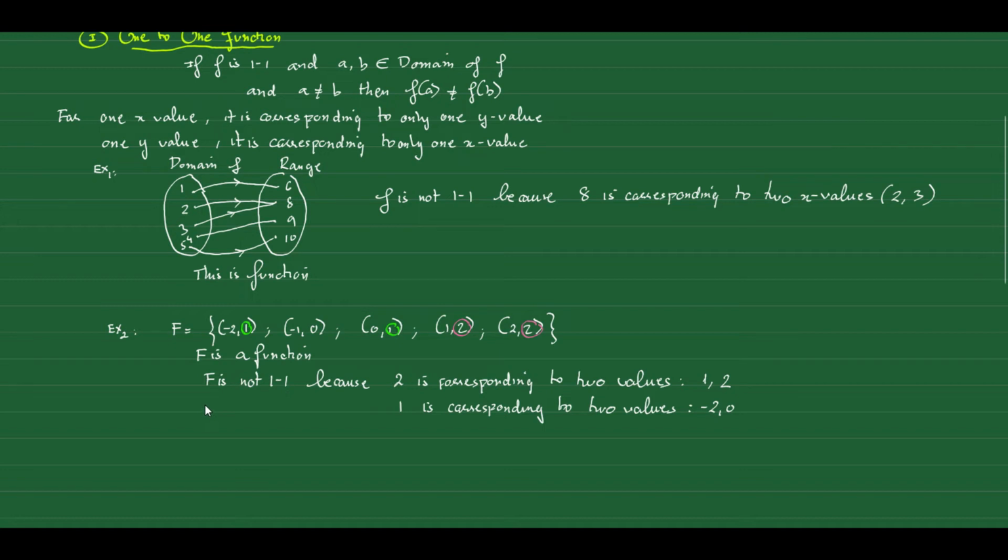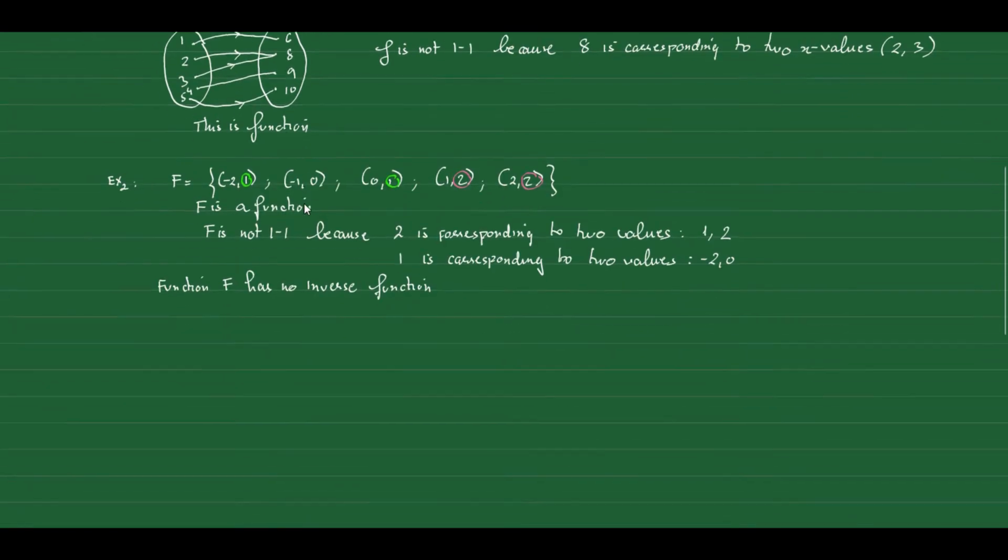So that's the purpose of a one-to-one function, because for a function to have an inverse, it must be 1-to-1. So function f has no inverse function.